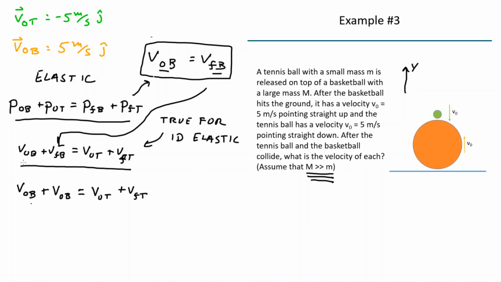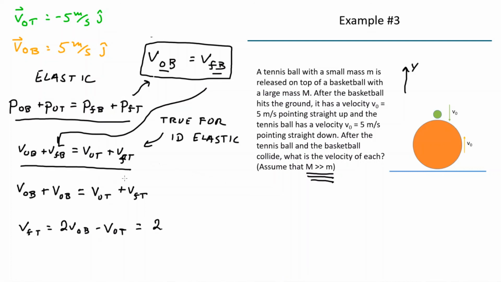Well, look, I know V initial for the basketball, I know V initial for the tennis ball. I can solve for V final of the tennis ball. V final of the tennis ball equals 2 V initial basketball minus V initial tennis ball. Okay, remember, all of these are velocities along the j hat direction, along the y direction.